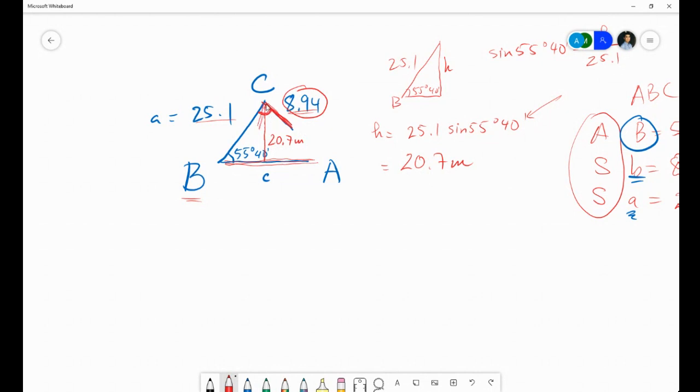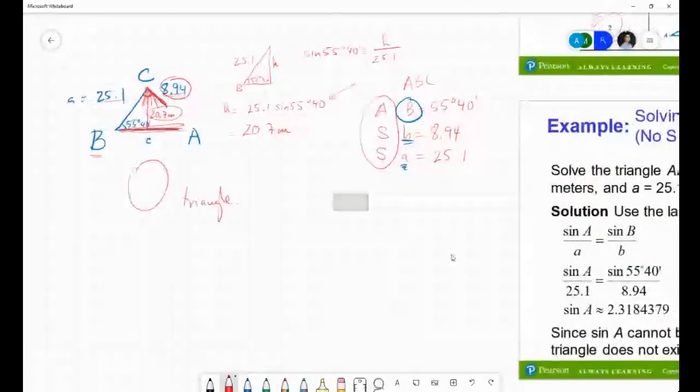It can be down here, or here, or here, whatever. But you can see it's not long enough to reach this third side. Therefore, we have 0 triangles. We cannot solve for this one, because our side is less than the height. Is that okay?